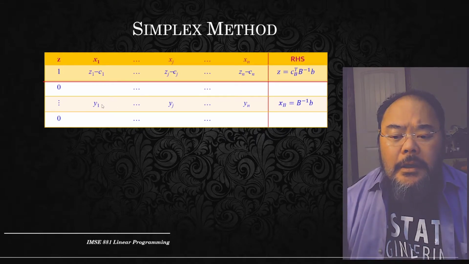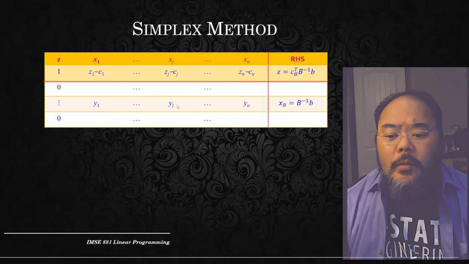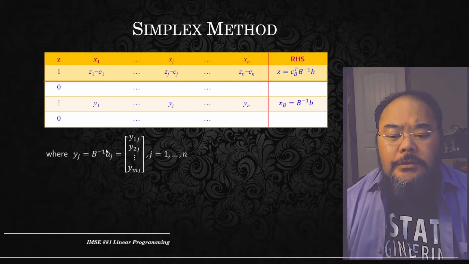Again, y1 to yn are B inverse times the original constraint column aj. So yj equals B inverse times aj.